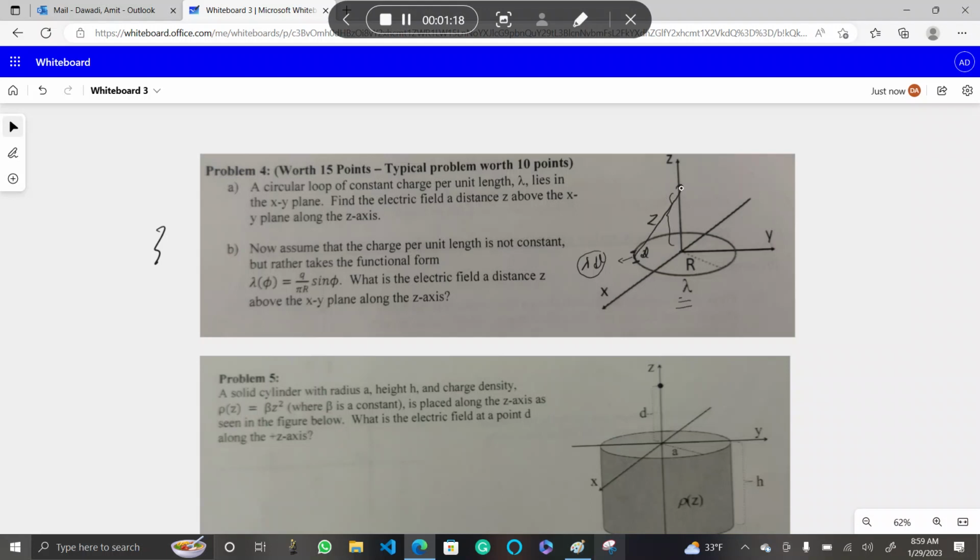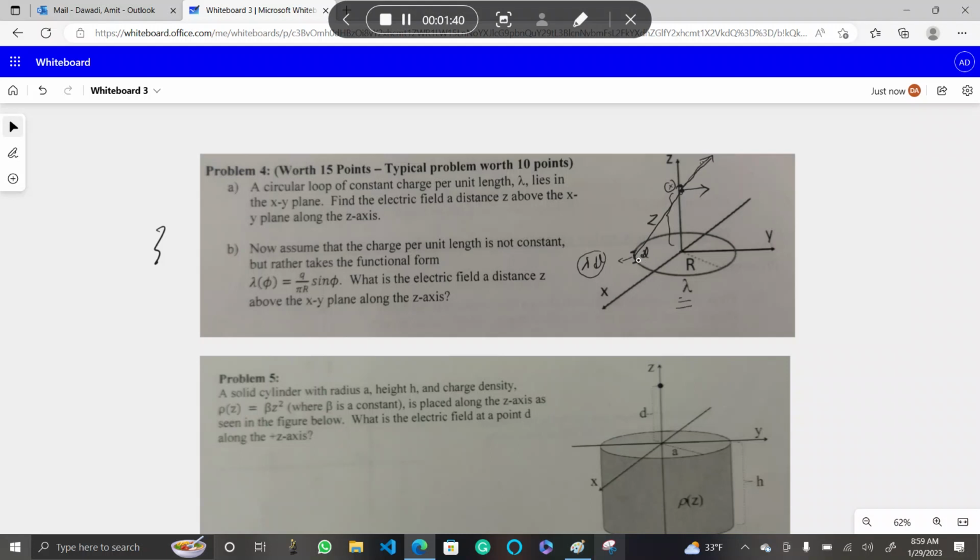The electric line of force goes something like this, so it has a horizontal component as well as a vertical component, and one component going inside the plane of the paper. So it has three components and the resultant is on this side.